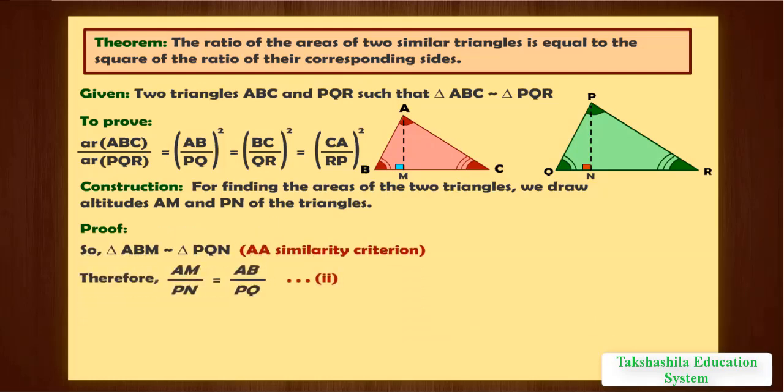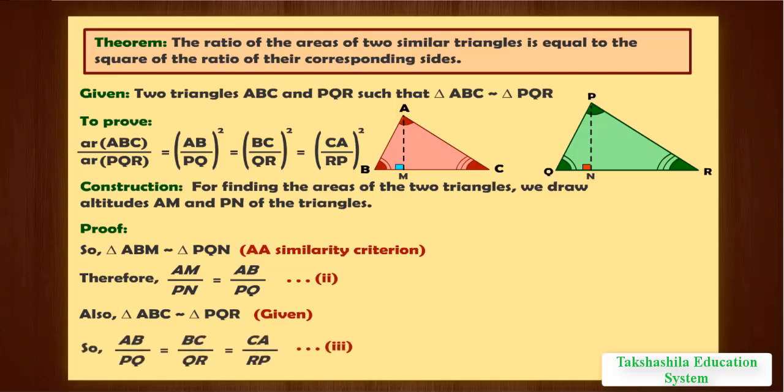Therefore, AM upon PN is equal to AB upon PQ. This is equation 2. Also, triangle ABC is similar to triangle PQR as given. So, AB upon PQ is equal to BC upon QR is equal to CA upon RP. This is equation 3.